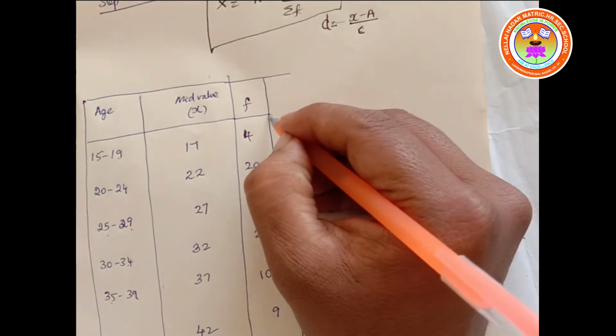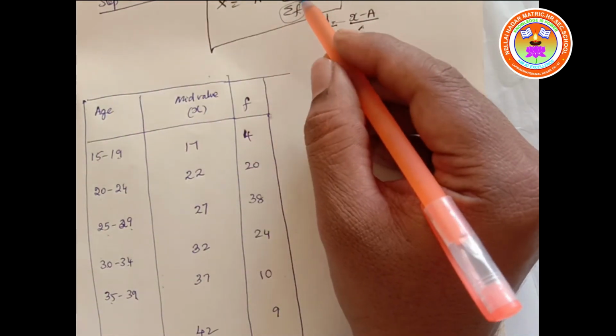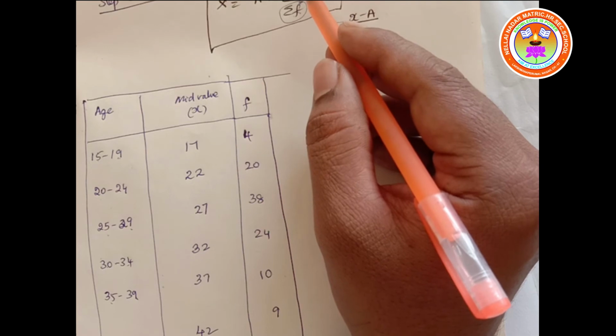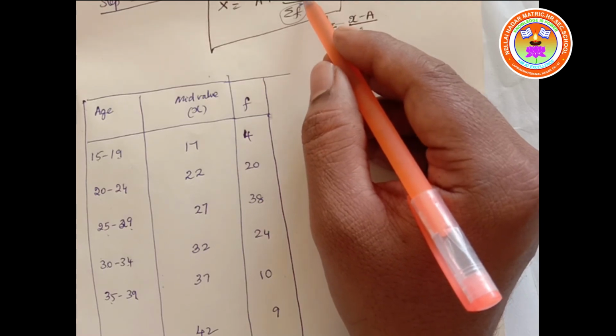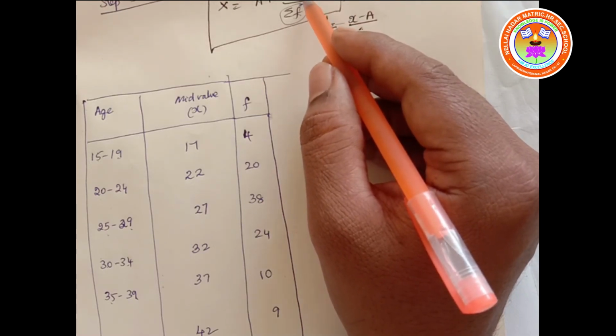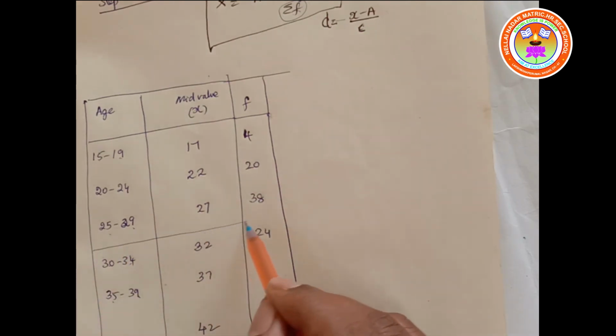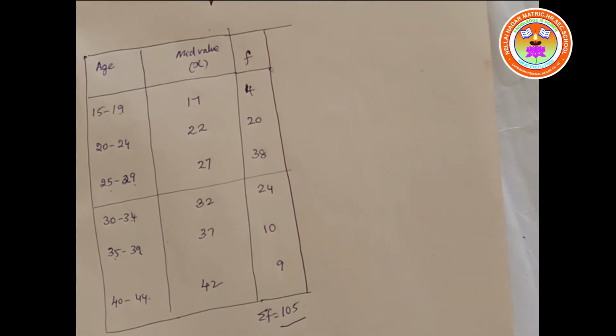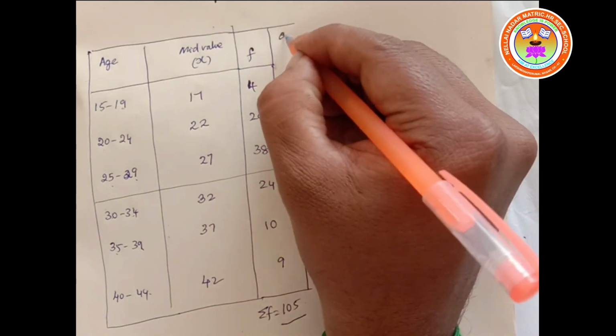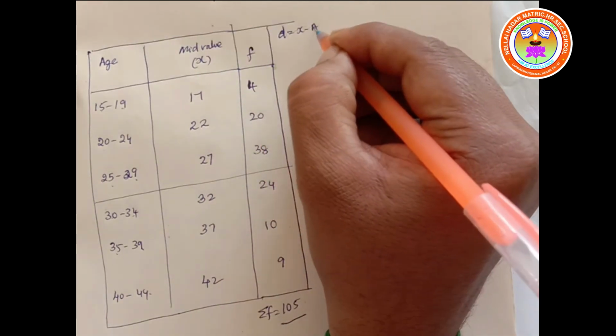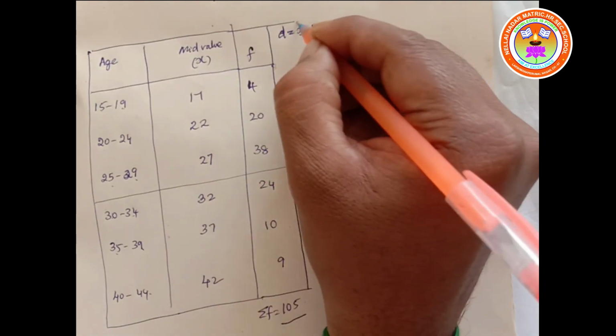Right. Then f is there, d is required. Okay, children, d. So first you have to find the assumed mean method. D equal to x minus a divided by c, right?